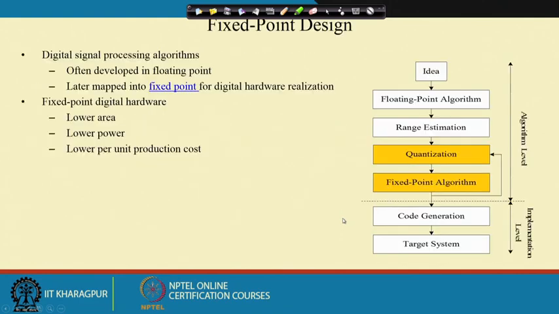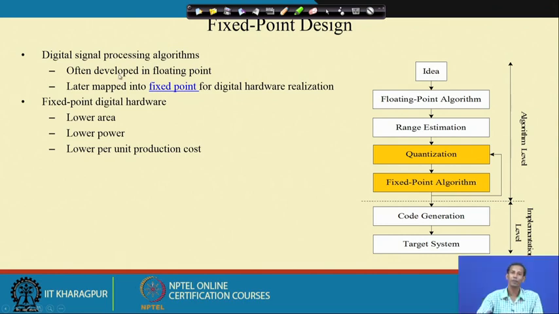So, the first thing is that we mostly use this for DSP algorithms. In DSP algorithms, mostly they are developed in the floating point domain. If you just see this flow chart, suppose this is my idea about designing any system.